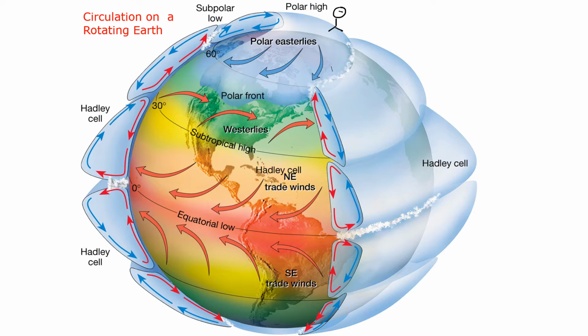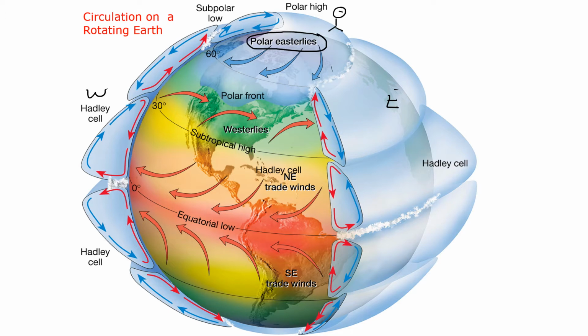So winds are named for the direction that they blow from. Because these are coming from the east, here's west, these are called the polar easterlies. Okay?